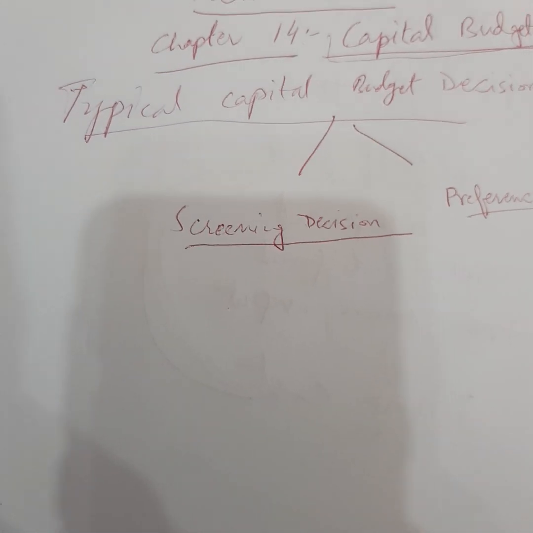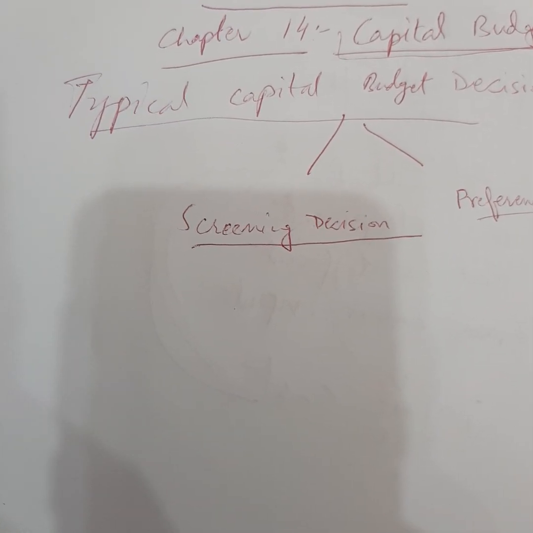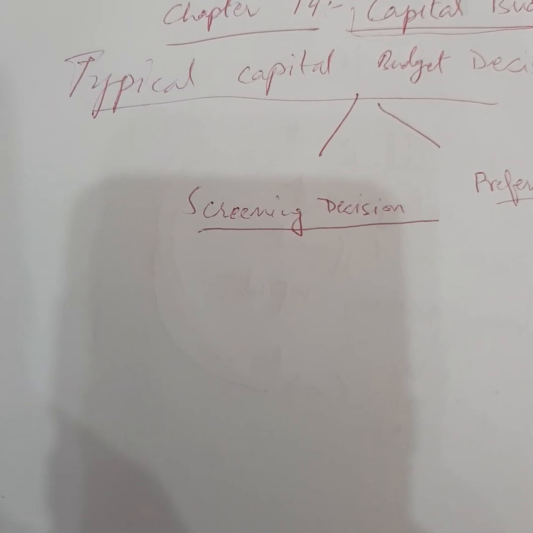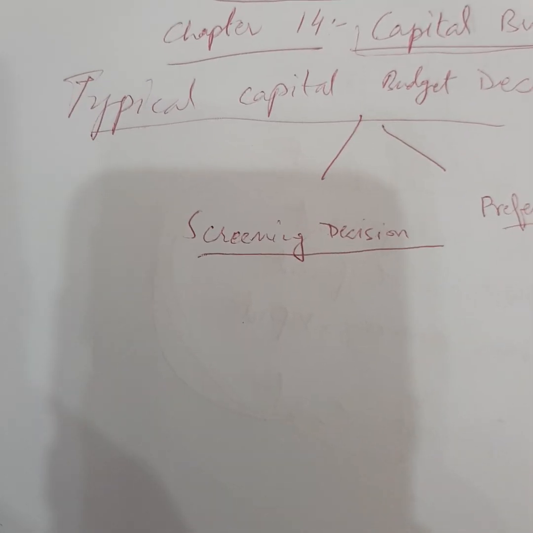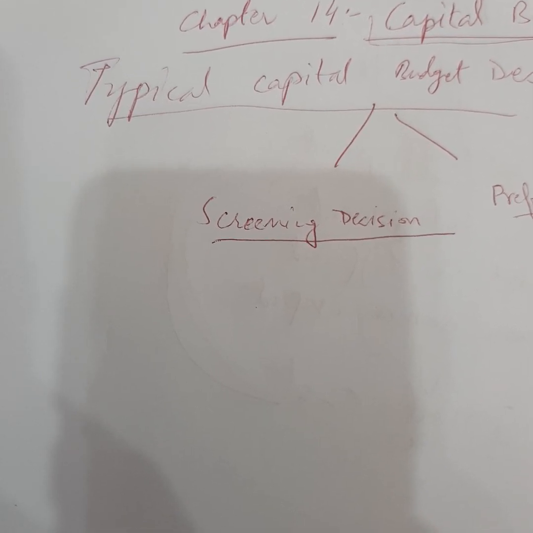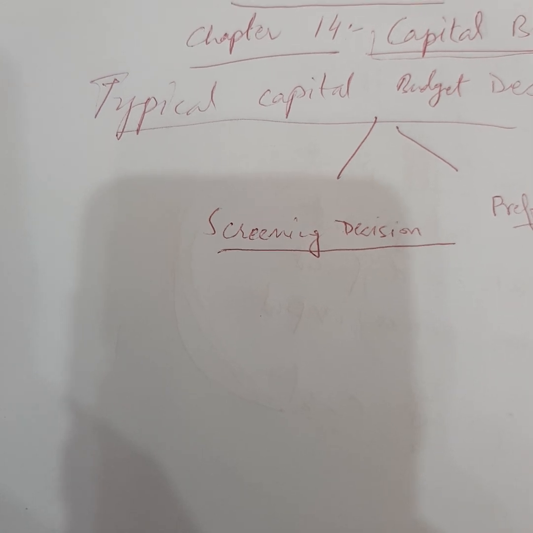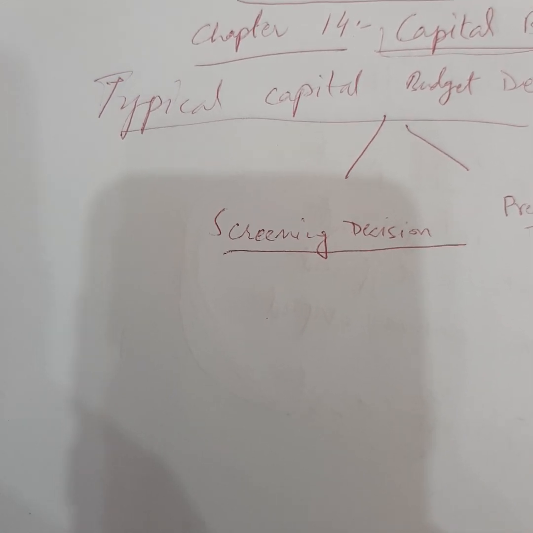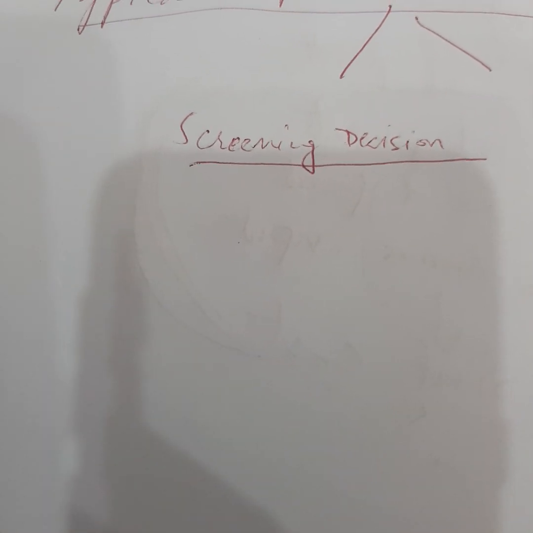For example, a company may have a policy of accepting projects only if they promise a return of at least 20% on the investment. So the required rate of return in the screening decision is 20%.